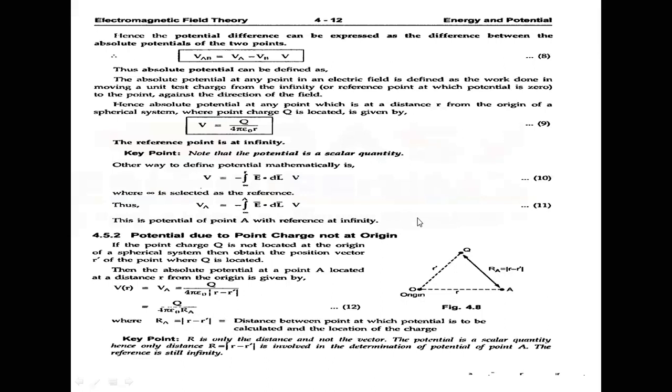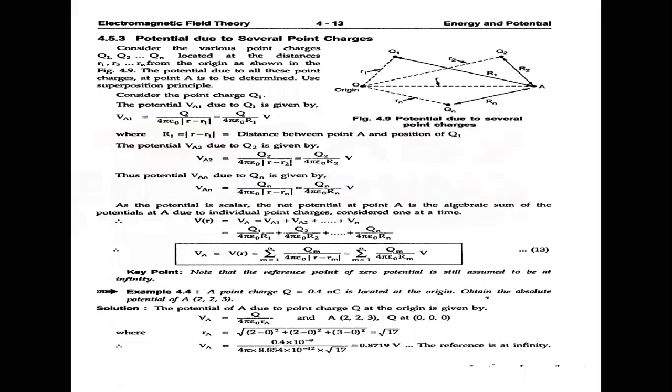If many points are there, let us take the potential due to several point charges. VA1 is equal to Q1 by 4 pi epsilon naught R1. VA2 is Q2 by 4 pi epsilon naught R2. The charge Q1, the charge Q2, the charge Q3, and so on.